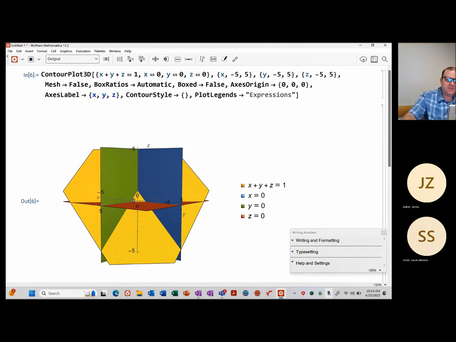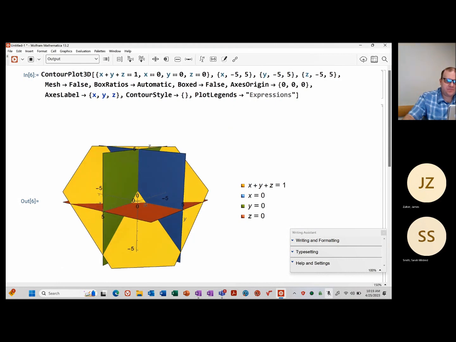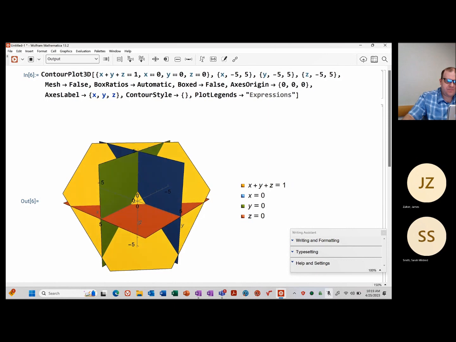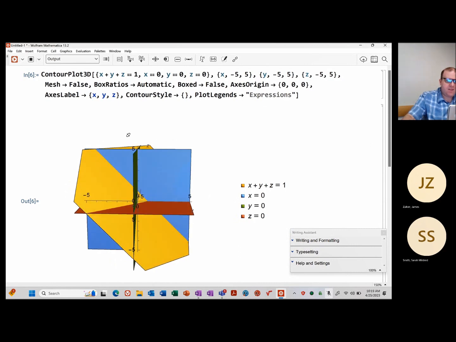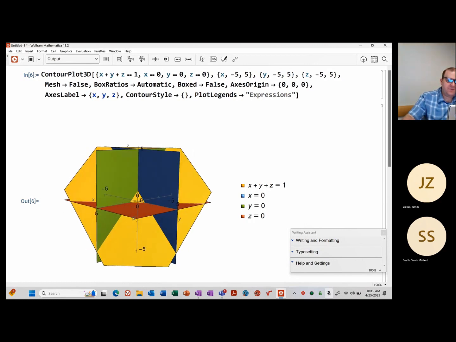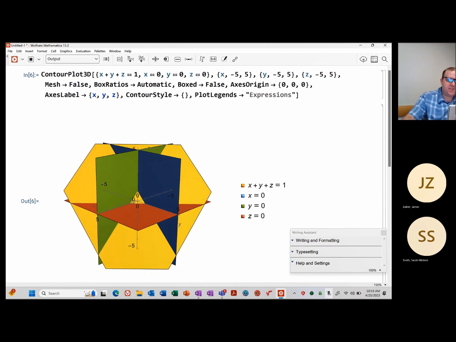So that's this little bit, which lies above the red, in front of the blue, to the right of the green. So it's this little yellow triangle right here, and obviously C is the boundary of that triangle.